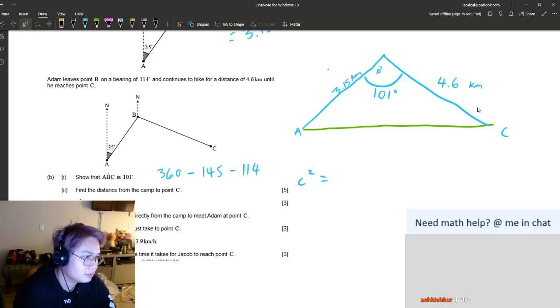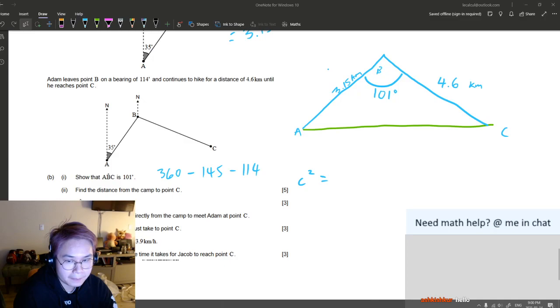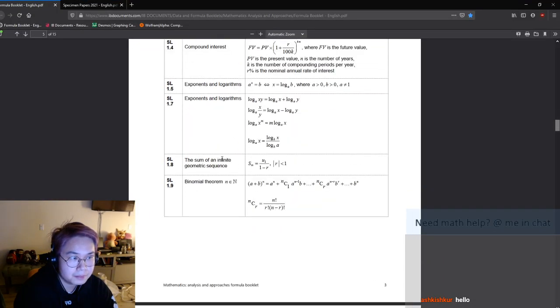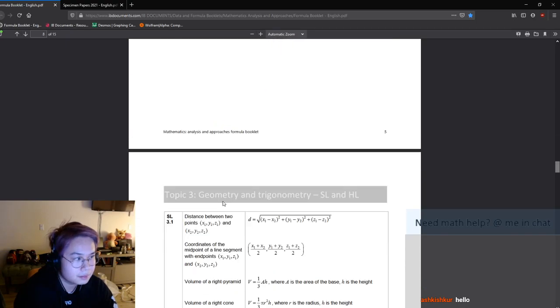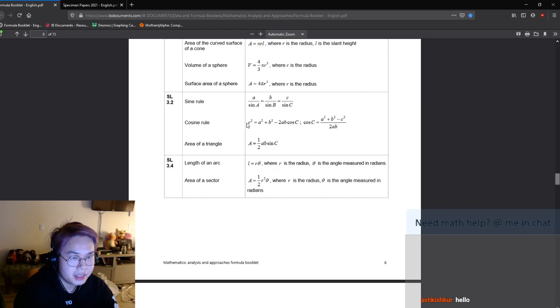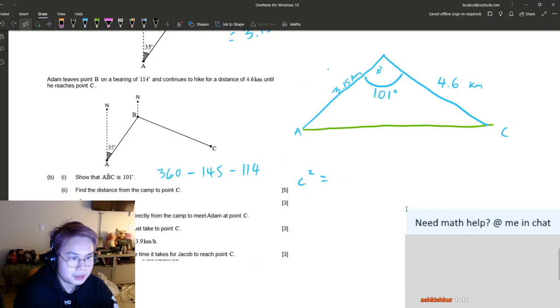let me show you the formula. Cosine law. Here. And of course, C, A, and B, those are such commonly used letters that don't get confused. I'm trying to find this side, which is little c in the formula.